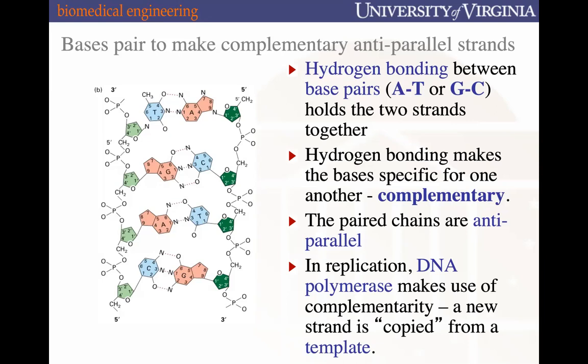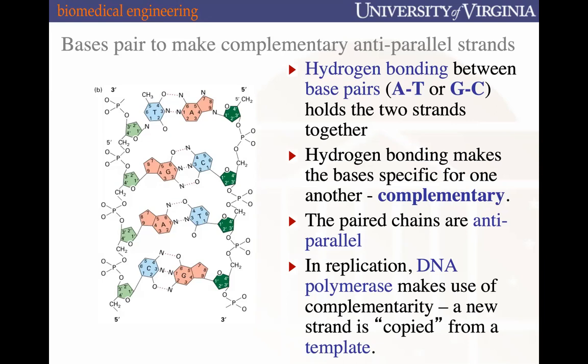All right. So we talked about in a previous pre-lecture the different nucleotide bases and the hydrogen bonding that occurs between these base pairs that holds them together, and that the hydrogen bonding contributes to these complementary nucleotides, where adenine binds to thymine and cytosine binds to guanine.